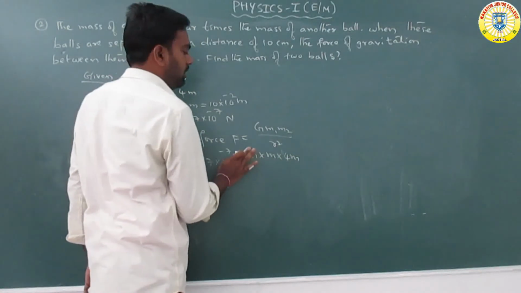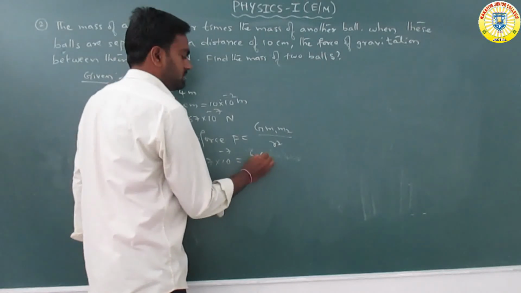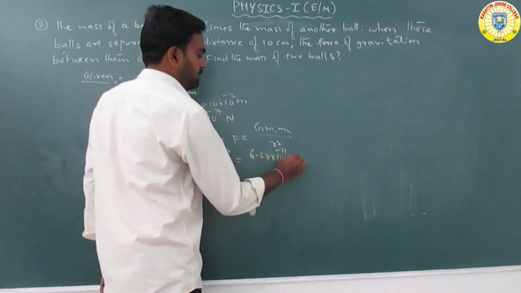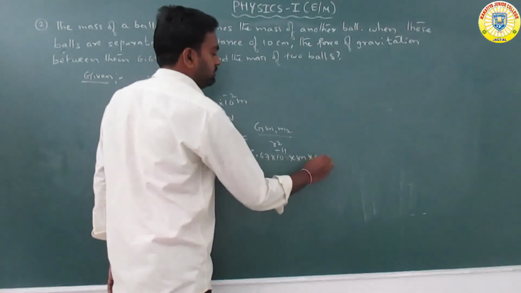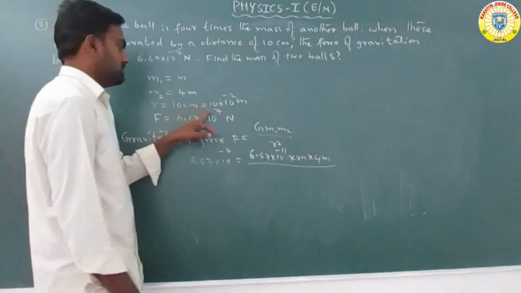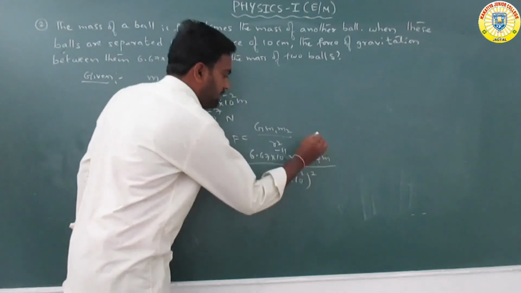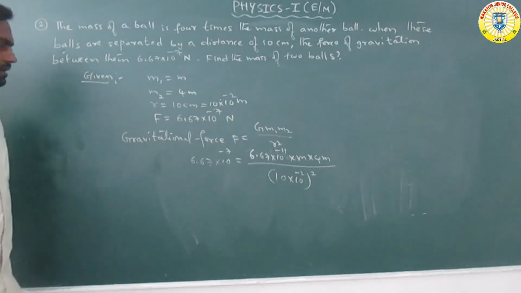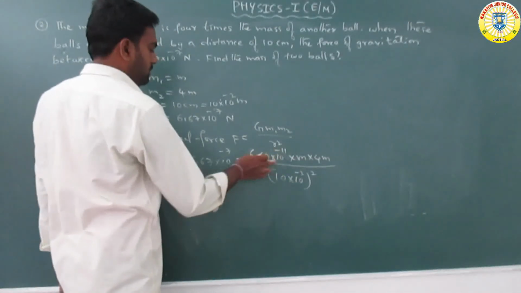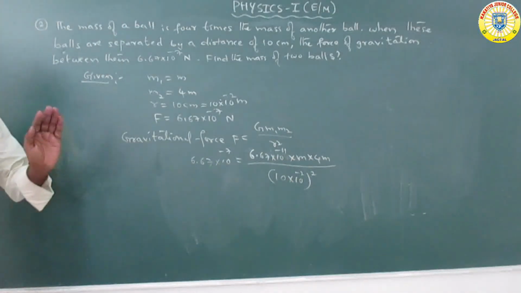The G value we already know: 6.67 into 10 to the power of minus 11, into m into 4m by r square. R square means the distance squared, 10 into 10 to the power of minus 2 whole square, which is 10 to the power of square into 10 to the power of minus 4.